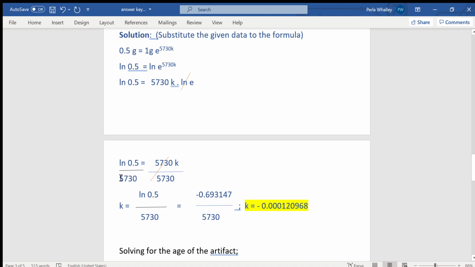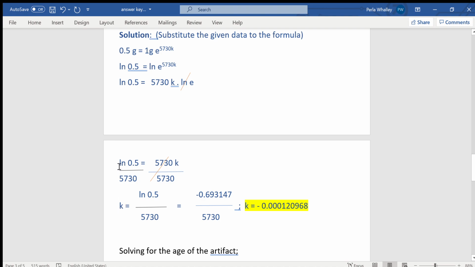So what is left here is this one. The ln 0.5 is equal to 5730 K. Now, to easily get this K, we divide it by the same value as here, the coefficient of K. 5730 divided by 5730, and divide also the other side of the equation by 5730. So this 5730 will be cancelled, and what is left is K here.